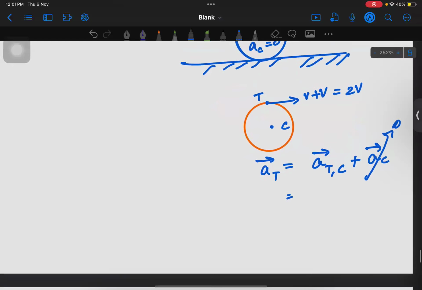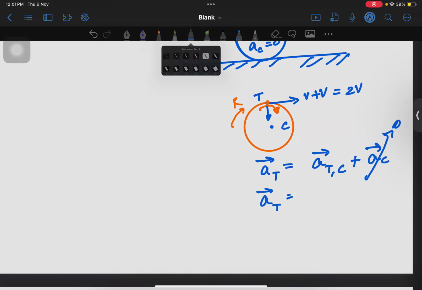So the acceleration of T relative to the center, if you observe the T point with respect to the center, it's moving in a circular path. The acceleration is nothing but this way, which is the centripetal acceleration. So therefore, if the angular velocity is omega, then you can always write that it is r omega square, in minus 2. Right? That's all, our job is done.